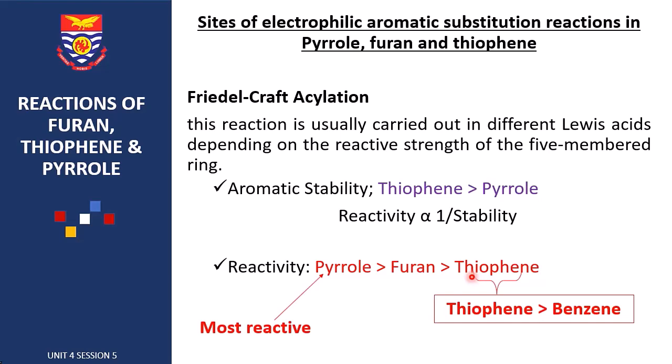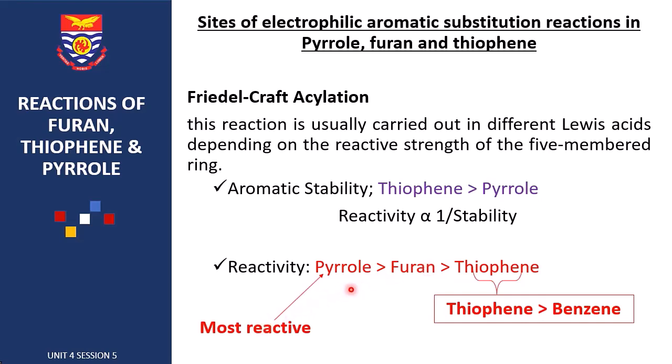So it has more stable resonance structures, which means that it will be less reactive, right? Now, because the electronegative atom in pyrrole is more electronegative than the oxygen in furan and the sulfur in thiophene, it has less stabilized resonance structures, making it more reactive than the other two heterocyclic groups, right?